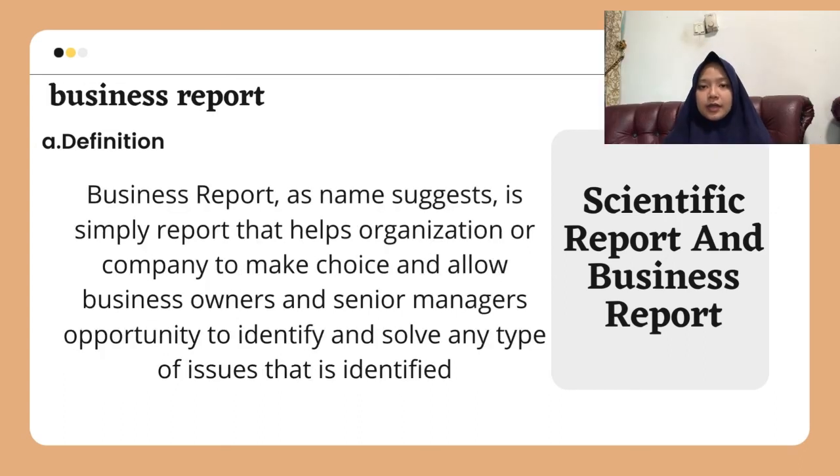Business report. Definition. A business report, as the name suggests, is simply a report that helps an organization or company to make choices and allows business owners and senior managers the opportunity to identify and solve the type of issue that is identified.